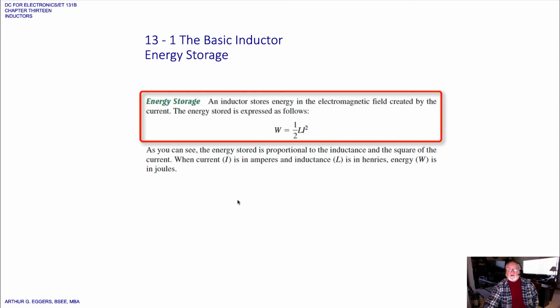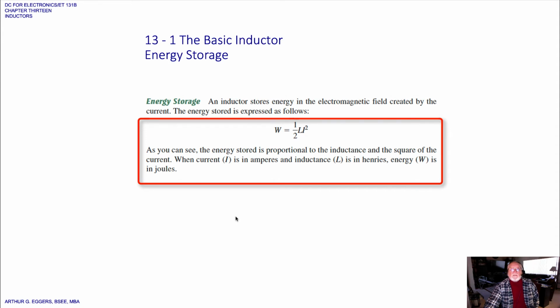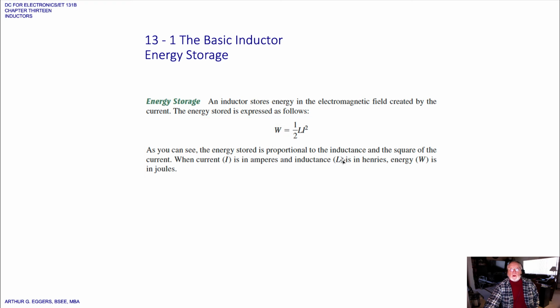The energy stored is proportional to the inductance and the square of the current. When the current I is in amps, the inductance is in henries. The energy, W, in this case, is in joules.